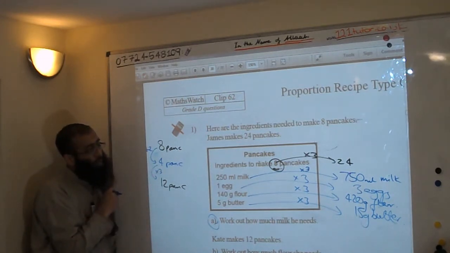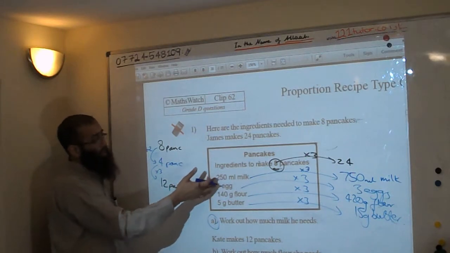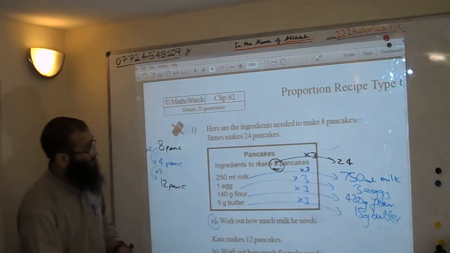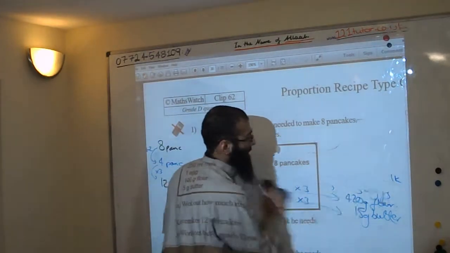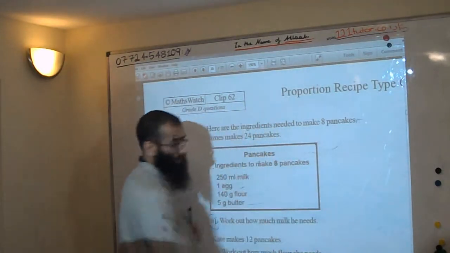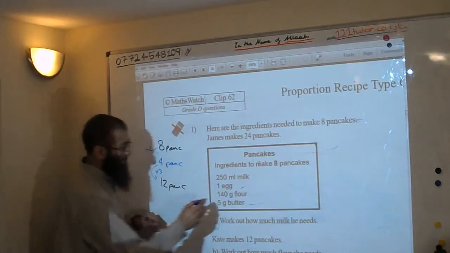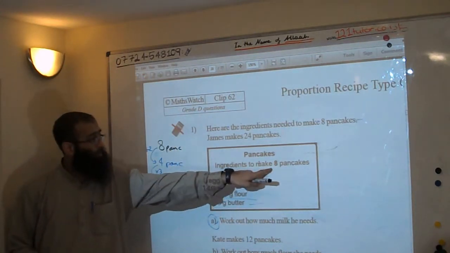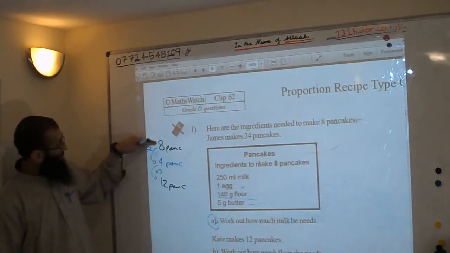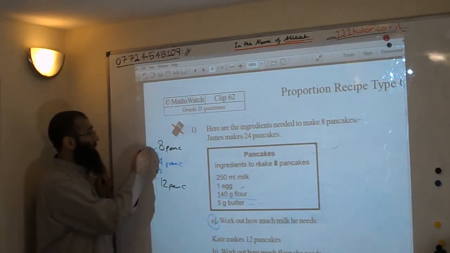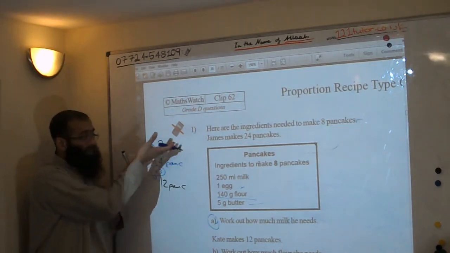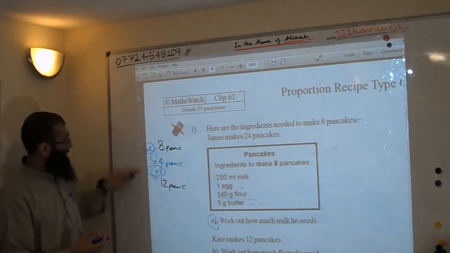So what we can do here, all of these ingredients, because I need to work out how much flour she needs, I'm just going to quickly rub this off for the moment. So the flour is over here. I need to get from 140 grams of flour for 8 pancakes to 12 pancakes by doing what? Dividing by 2, or you could do dividing by 2 and then adding the two up, but I'm going to use this method now.